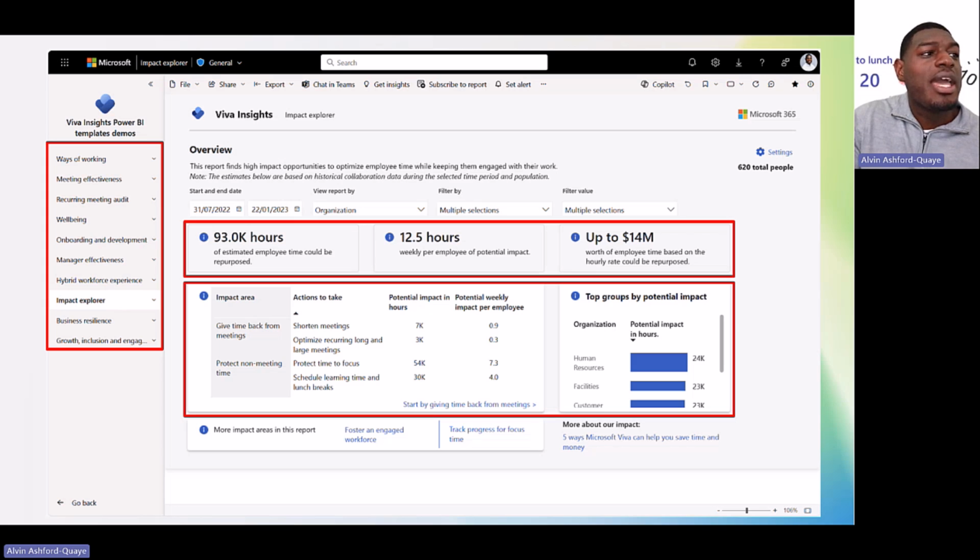So things like, if we were able to shorten meetings or optimize our recurring and long and large meetings, we can start to see what the potential impact could be on the organization in terms of time saving and the ability to repurpose. The good thing about Viva Insights is it allows you to upload your own HR data.